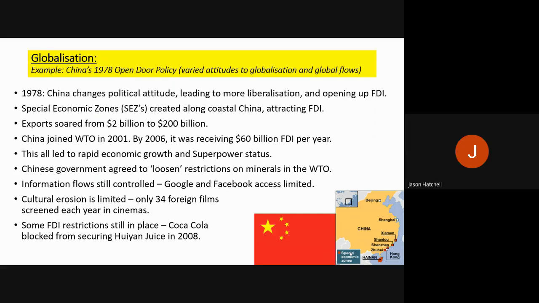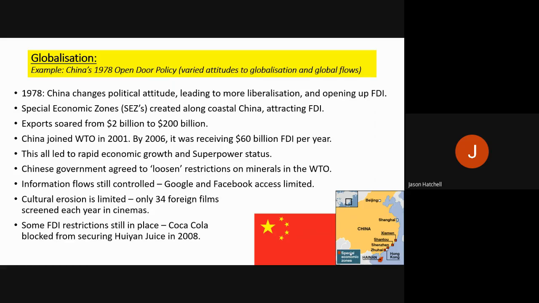But in 1978, there was a change of leadership in government, and there were also changes in political attitude. The new government had more liberalization rules, which meant more free market rules, and wanted to open up its economy to FDI, or foreign direct investment. So it wanted foreign companies to be able to invest more freely in China.